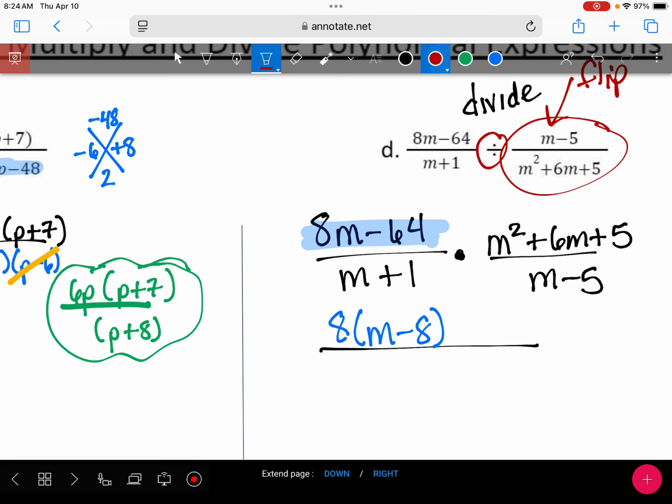Now here, this can be factored down to 2 parentheses. You need 2 numbers. They have to multiply to give you 5 and add to 6. So don't say it out loud. Just give yourself a couple minutes.